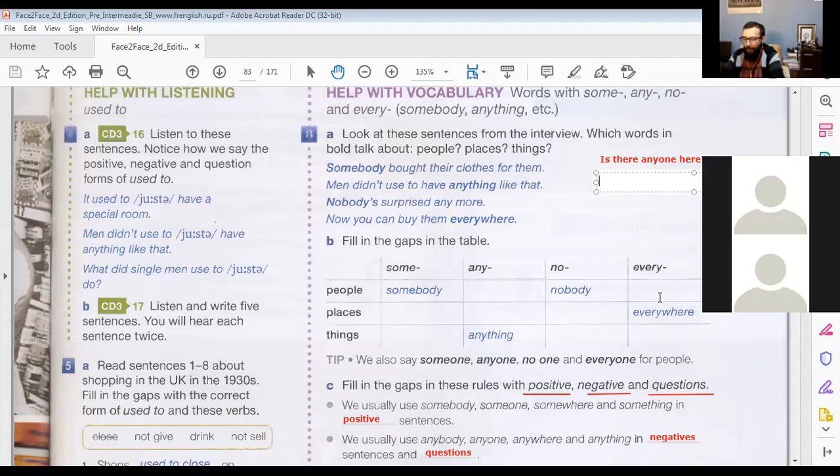But if you want to use a positive example, you can say, I've got something in my bag. So this is an example of a positive sentence. And if I want to use a negative thing, you can say, have you got, no, we need a negative, sorry.